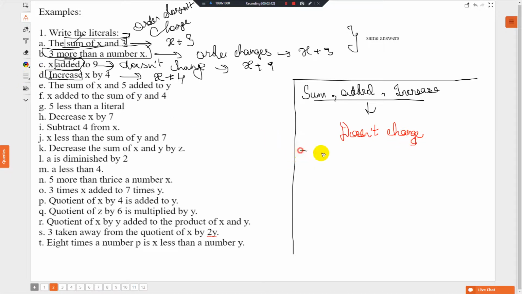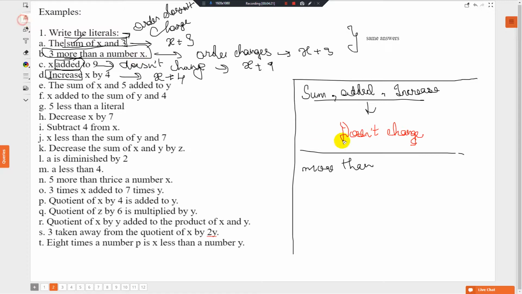Only for the words more than does the order change. Here, in subtraction we'll go after.